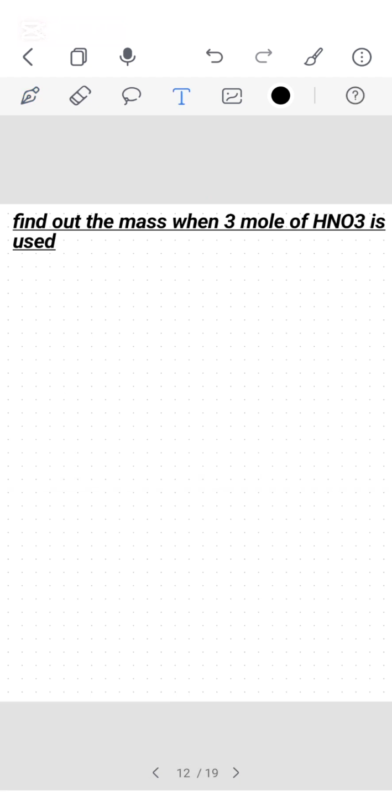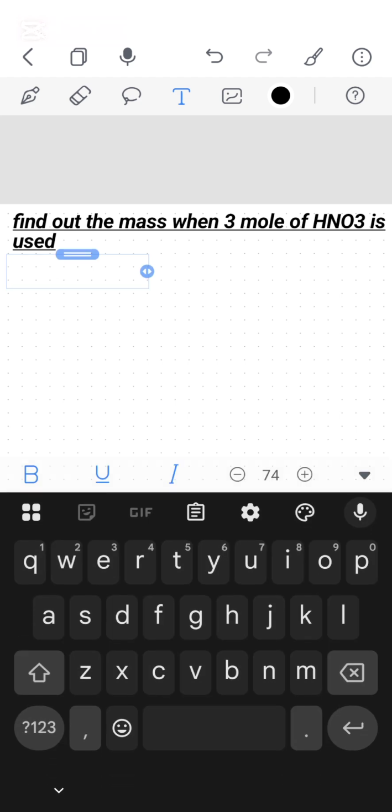So that is basically your first question. Find out the mass when 3 mole of HNO3 is used. First of all, we see that we need to find out the mass, so we won't be applying any Avogadro number.